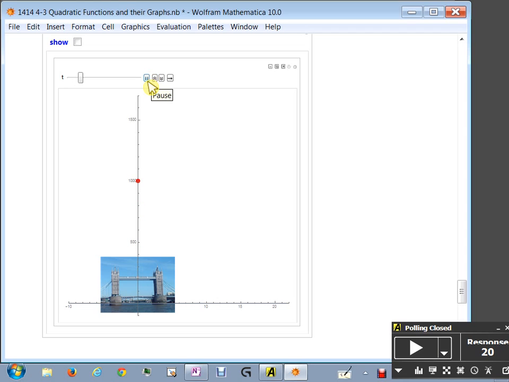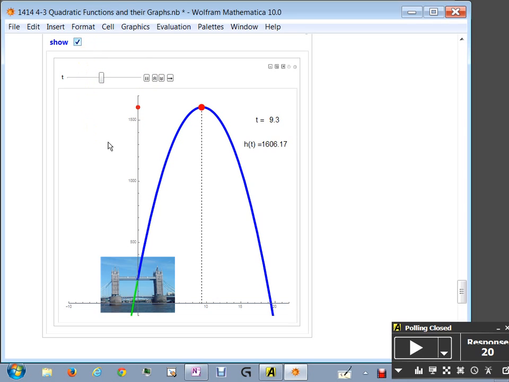Now, I said that this is a parabola. Here's what I mean by that. If you look at your x-axis as your time axis and your y-axis as your height axis, then that ball going up and down can be modeled with this parabola, where the x-coordinate, the t-coordinate, is time, and the y-coordinate is how high the ball is.